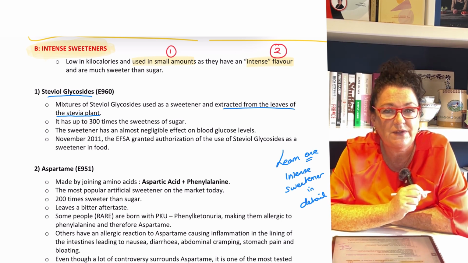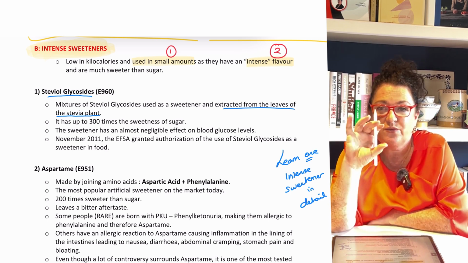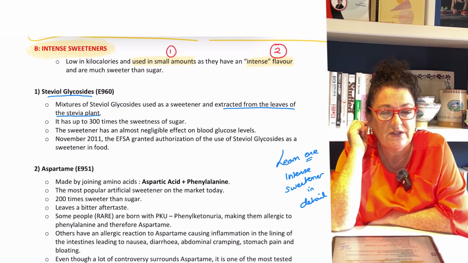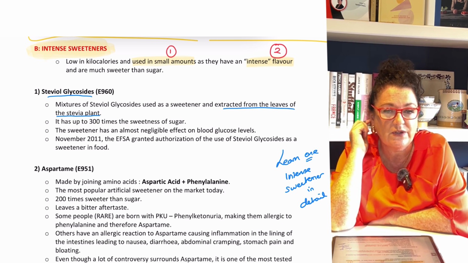But back in 2011, they decided whatever adjustments they had made in the production of the steviol glycosides, that the stevia glycosides were safe to consume.